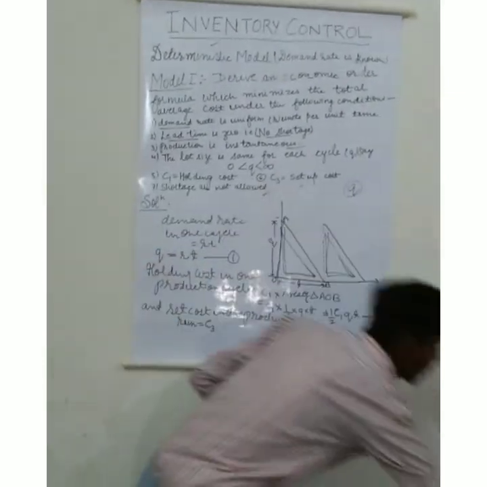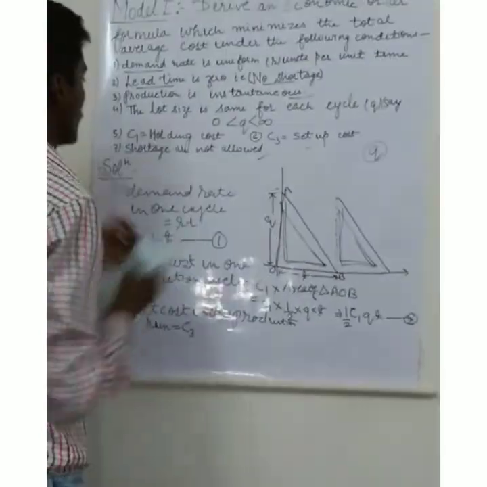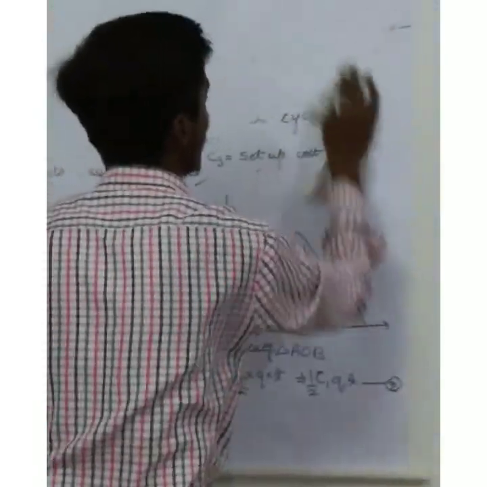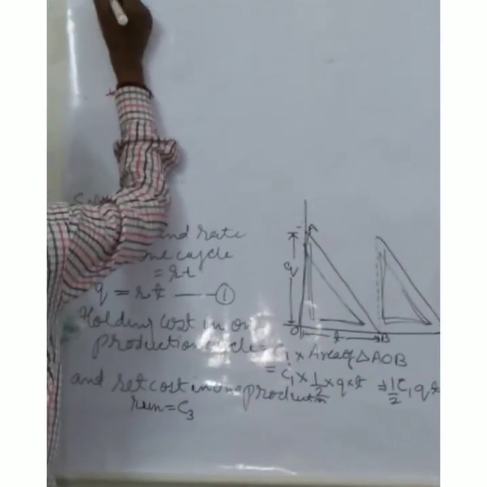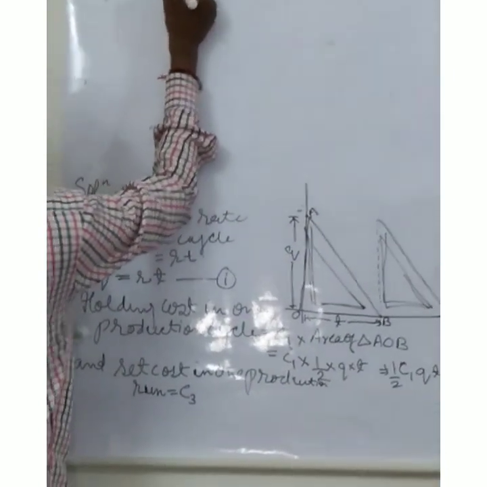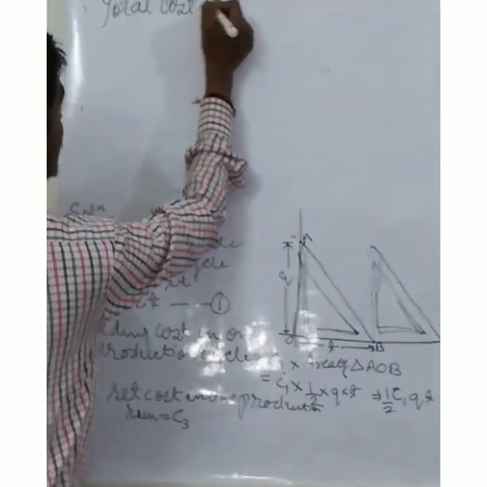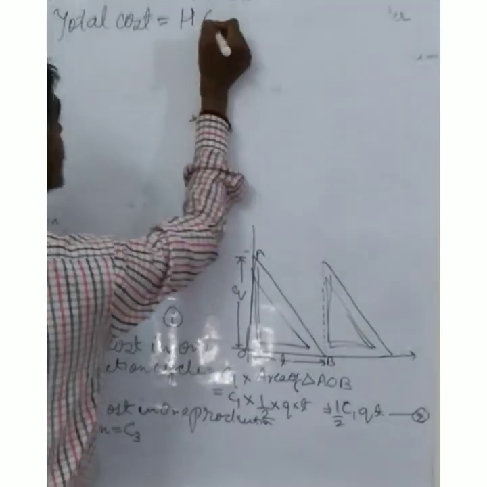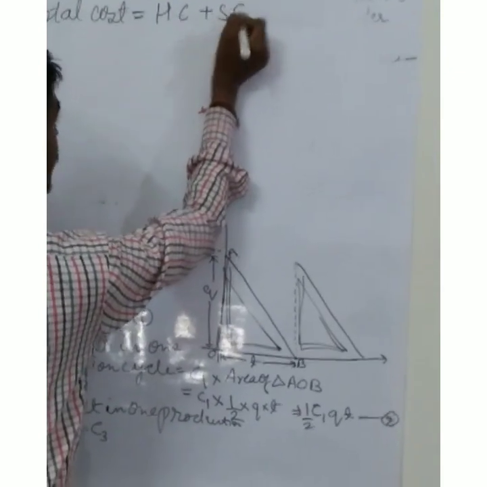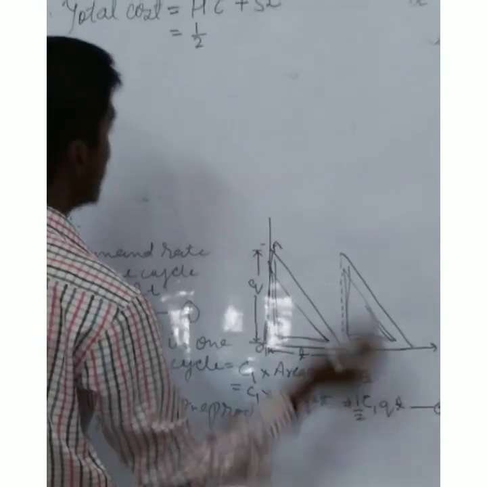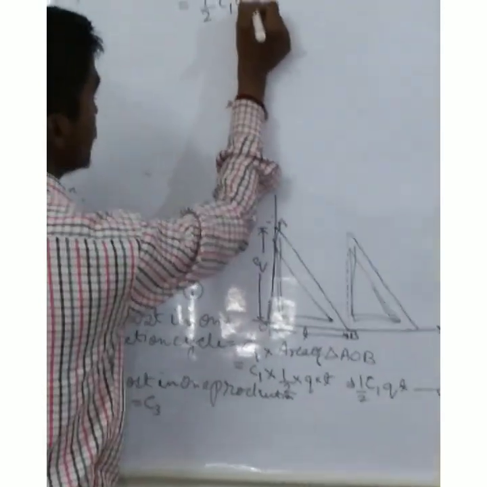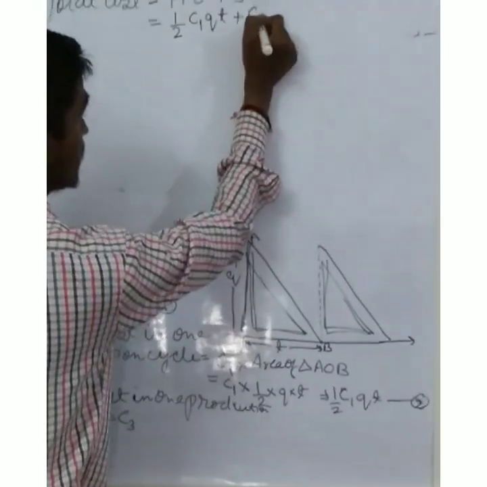So here, total cost means holding cost plus setup cost. Holding cost is half C1 QT, plus setup cost is C3.